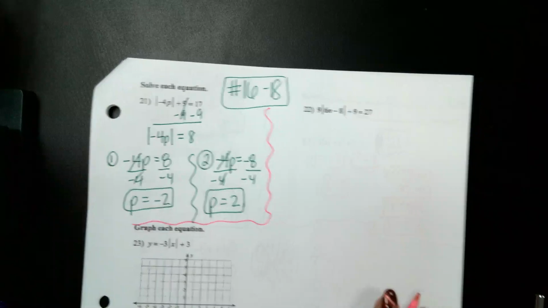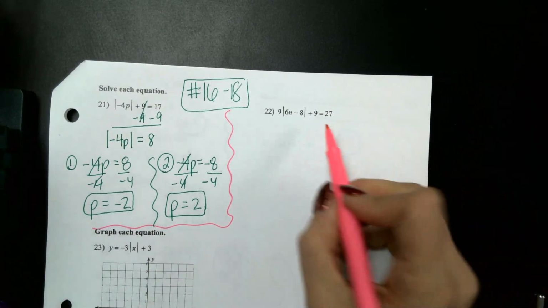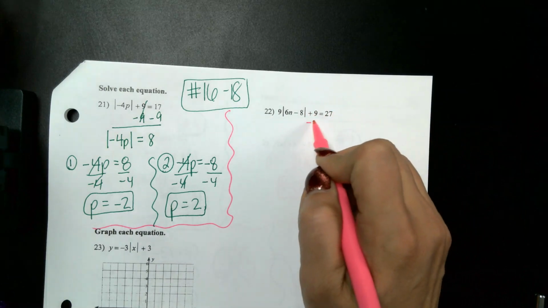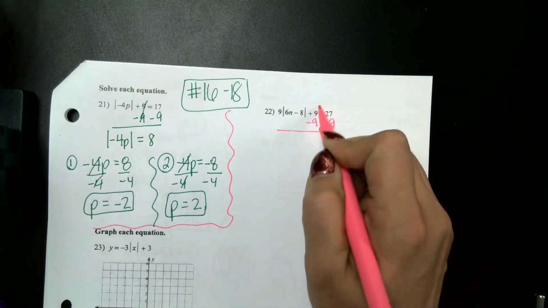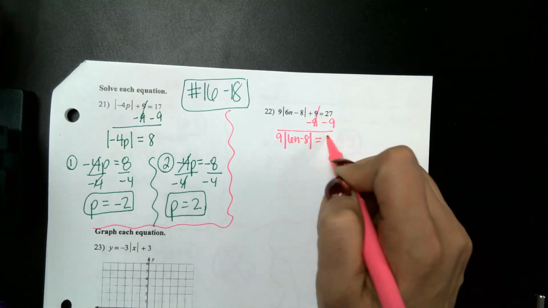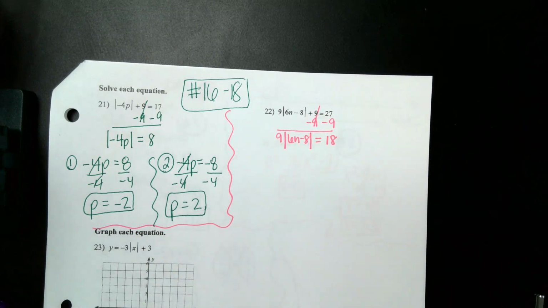This one. We got 2 numbers we got to get rid of. This one here and this one here. How do I move a plus 9? Okay. So all I've done so far is subtract 9. Equals 18. So then don't you minus 9 on both sides?